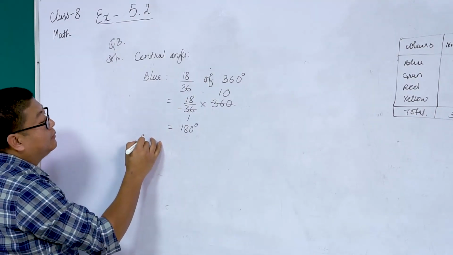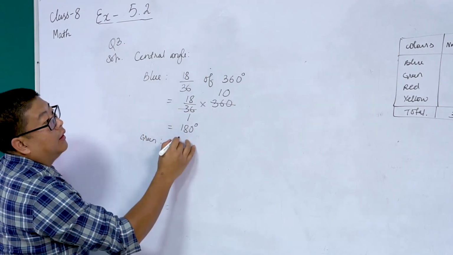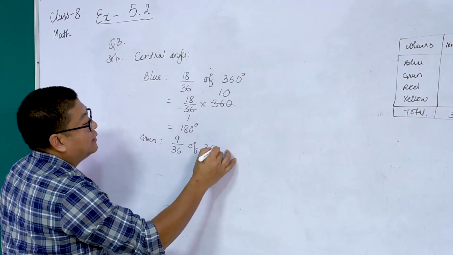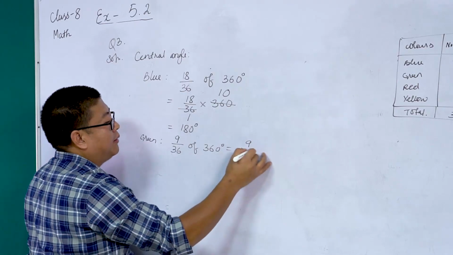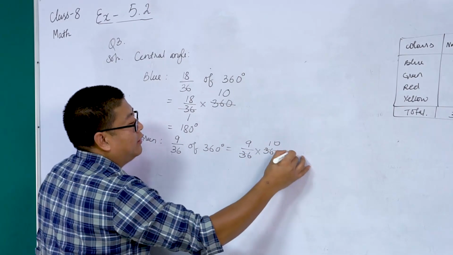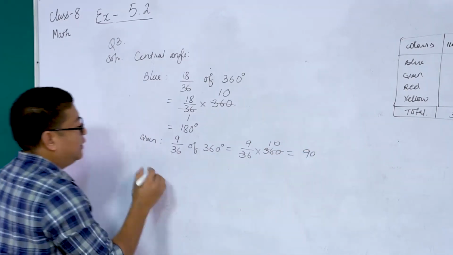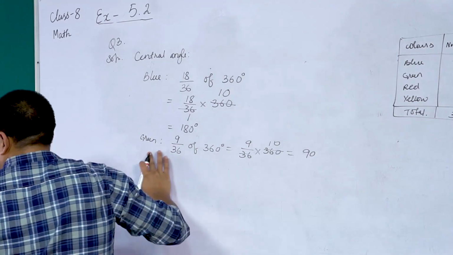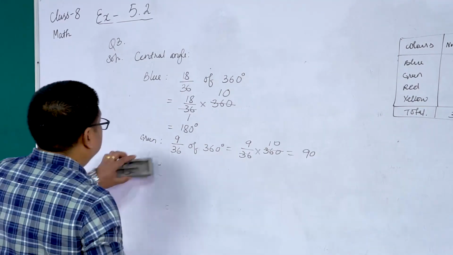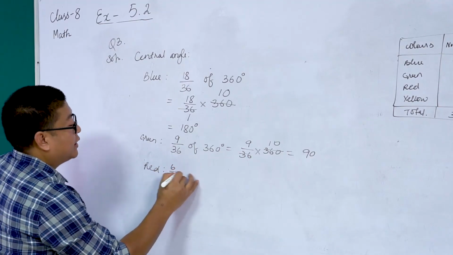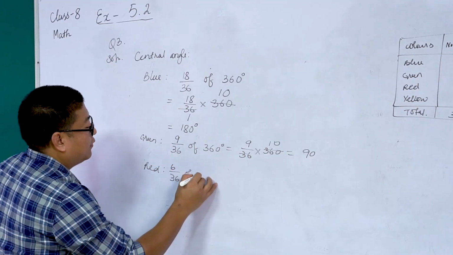For the next green, 9 by 36 of 360, which is equal to 9 by 36 into 360. The same thing, 10, 9 into 10 is 90. The next is red, 6 by 36 of 360.